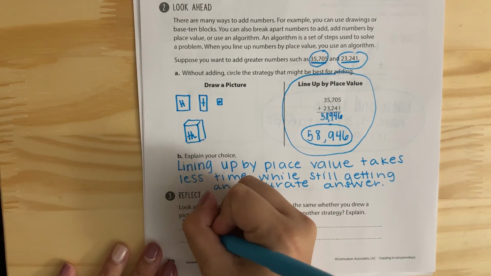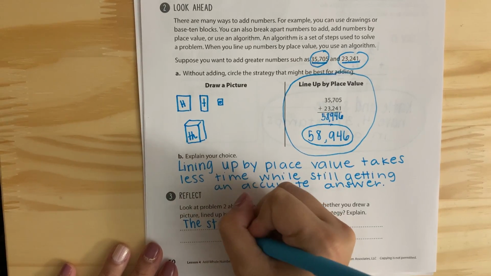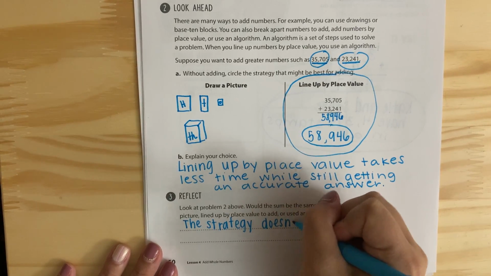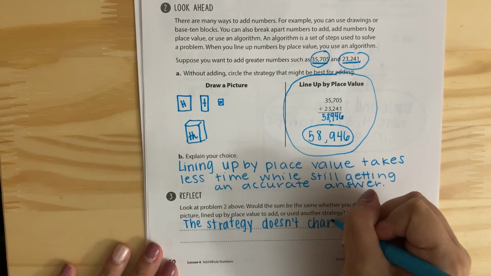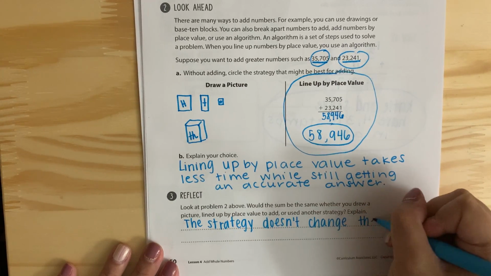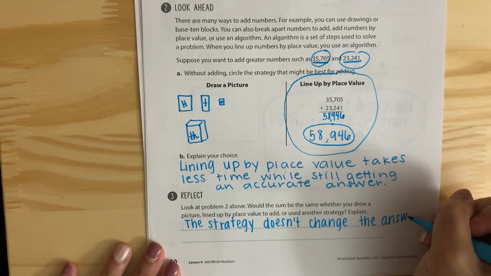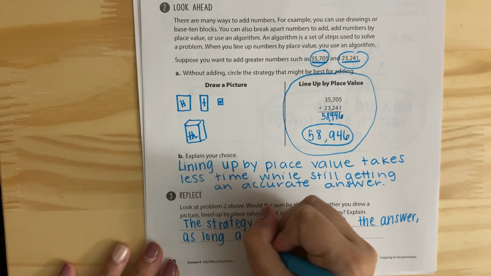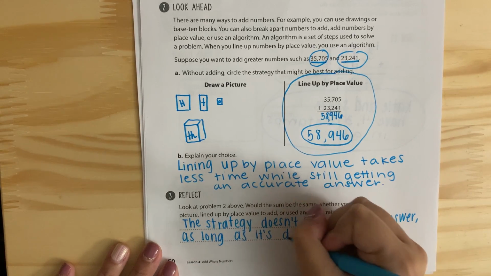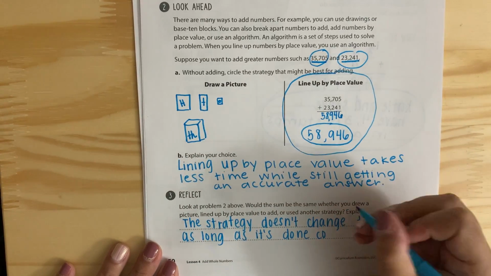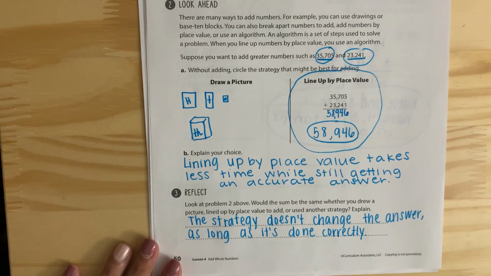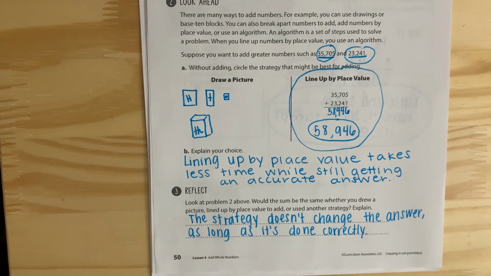So the strategy doesn't change the answer as long as it's done correctly. And then you can just think, friends, whichever strategy works best for you, it makes the most sense to you, that's the one you can do, okay?